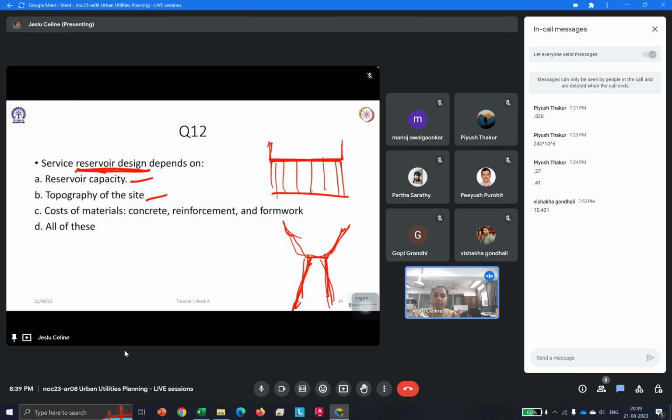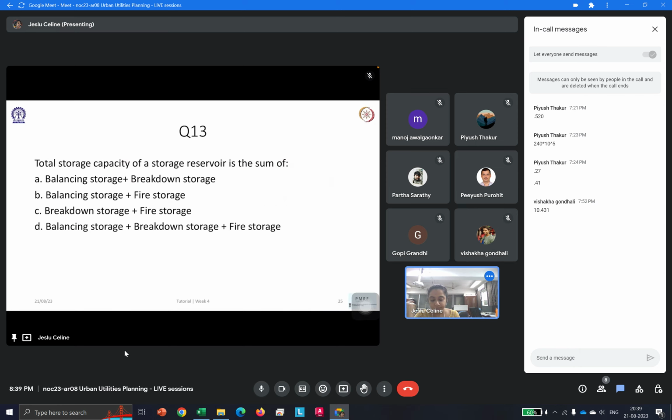The overall design considers the storage capacity, and the form is designed in such a way that a minimum amount of support balances the center of gravity of the water. So with time, we have improved the reservoir design. If the topography of the site is different, we'll have to modify our design again. And the cost of the material matters too. So this is a very straightforward question. All of them are important.